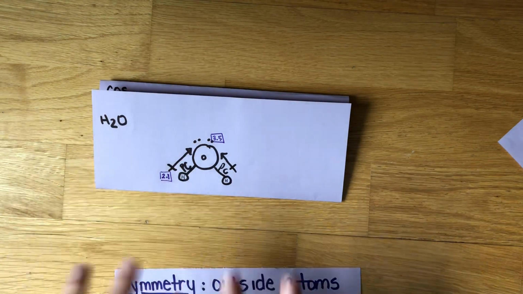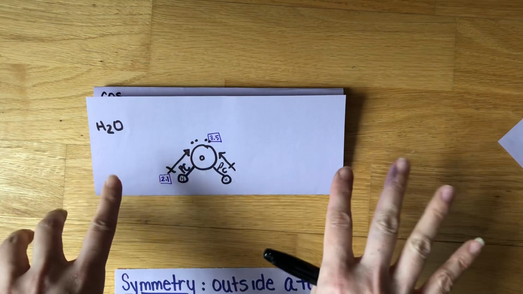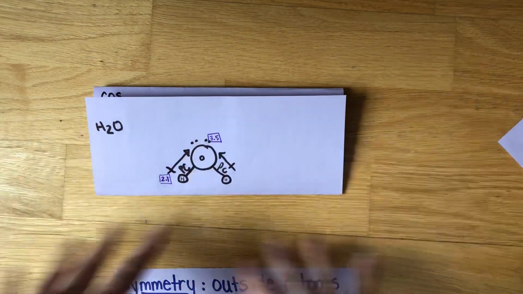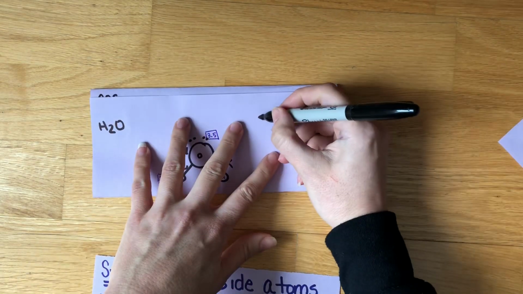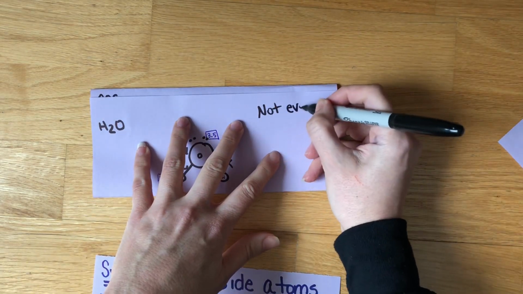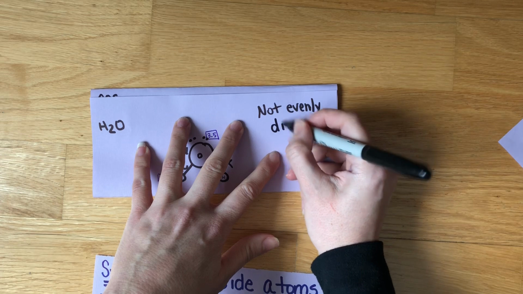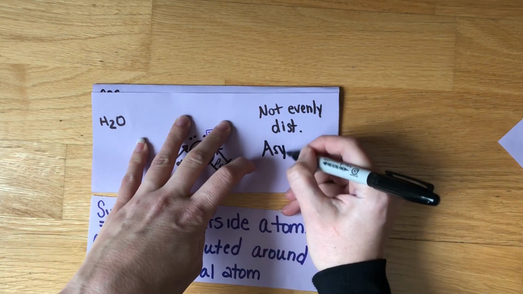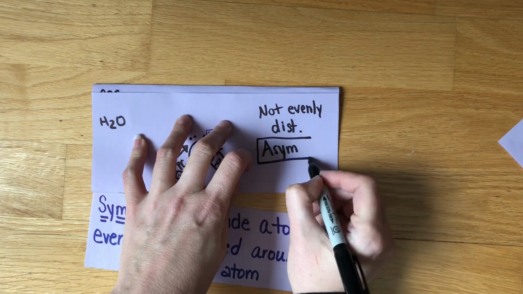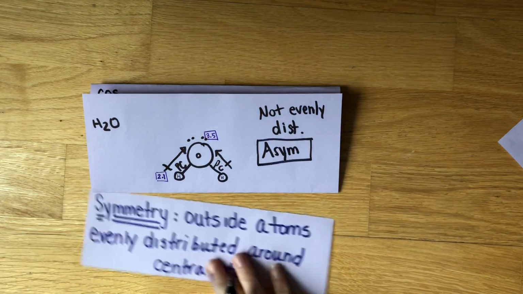And so those outside atoms are not evenly distributed around the center. So if you're not evenly distributed, then you're not symmetrical. You're asymmetrical. So right now I have an asymmetrical molecule.